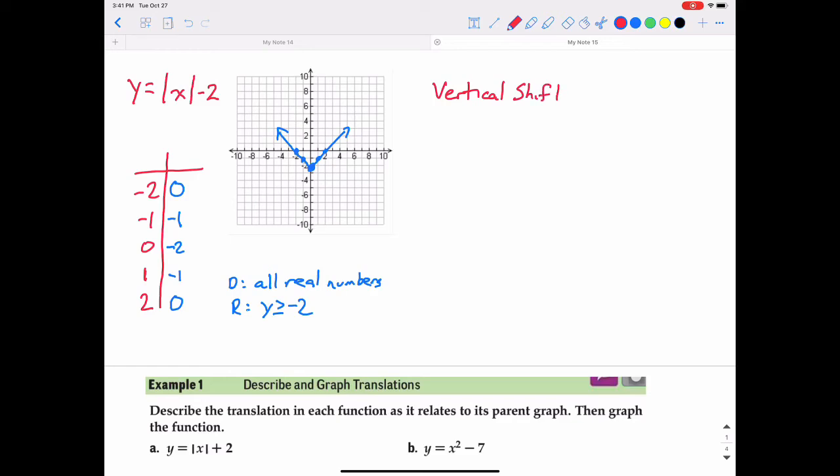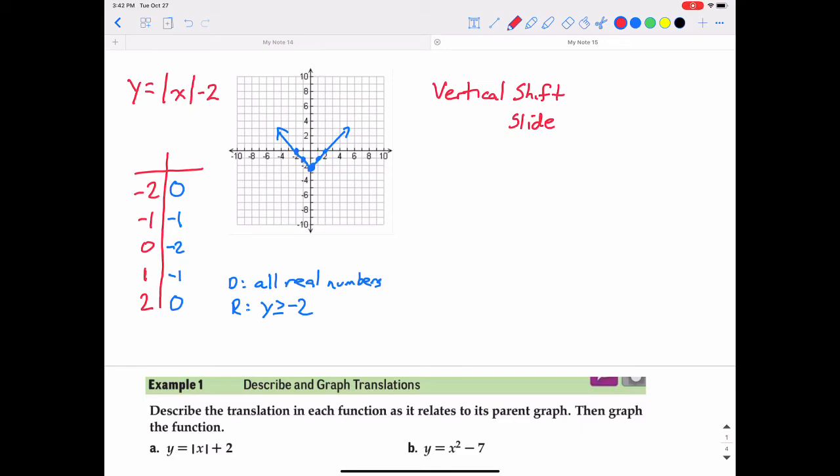In geometry, you may have heard the shift referred to as another word, a slide. Algebra 2, they call it a shift. Geometry, they call it the slide. It's really the same concept, is that you're taking a graph and you're moving it in some direction, just like you could take a geometric shape and move it in some direction.